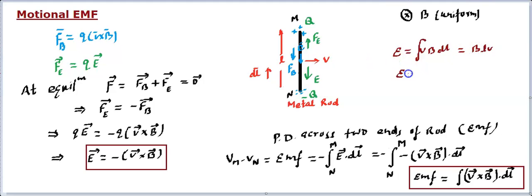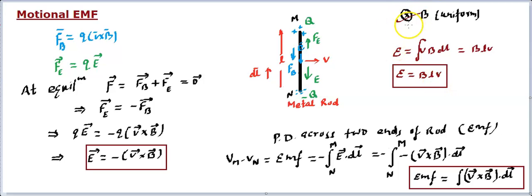So we can write the induced EMF as BLV if all the three vectors are perpendicular to each other. So this is also a direct formula we can use, and this will apply when magnetic field, length and velocity are all perpendicular to each other.